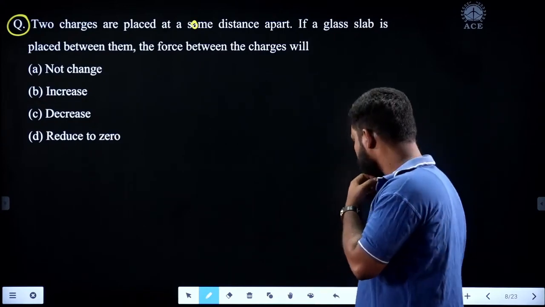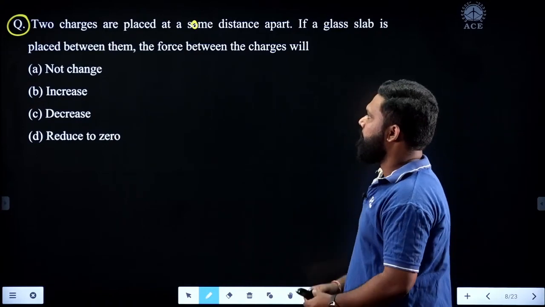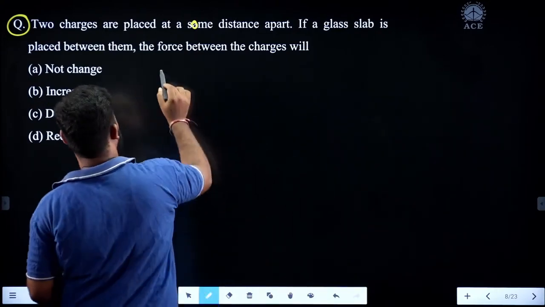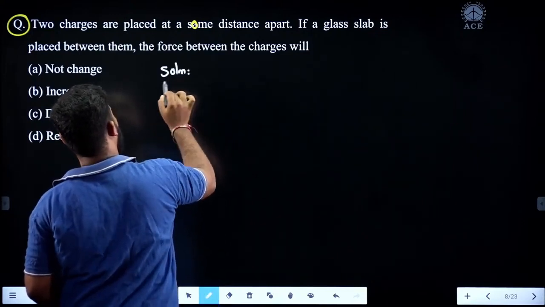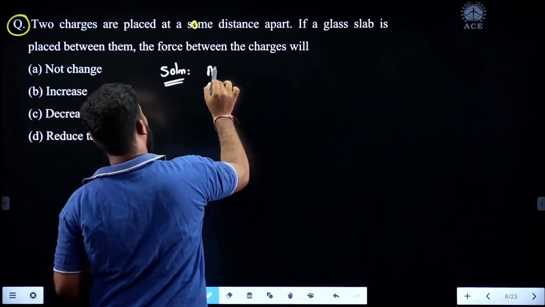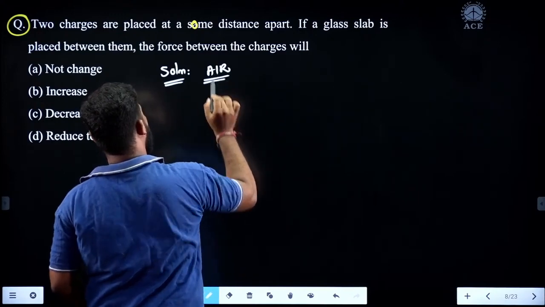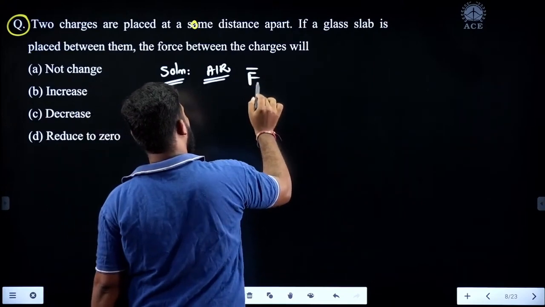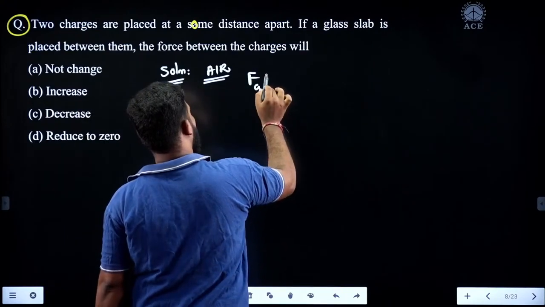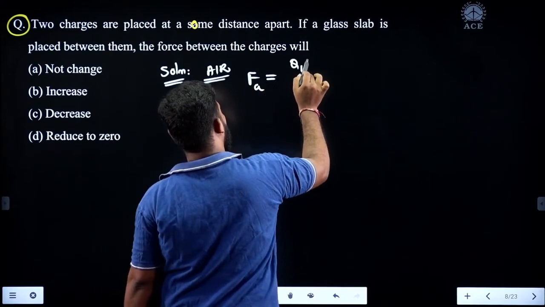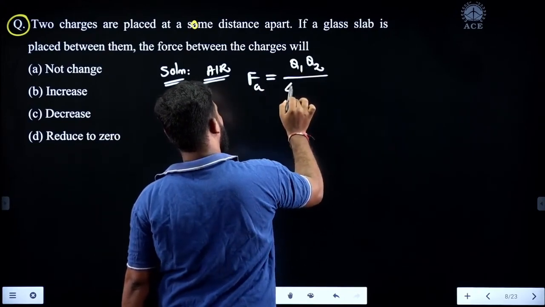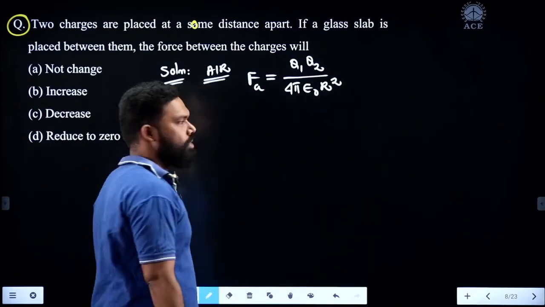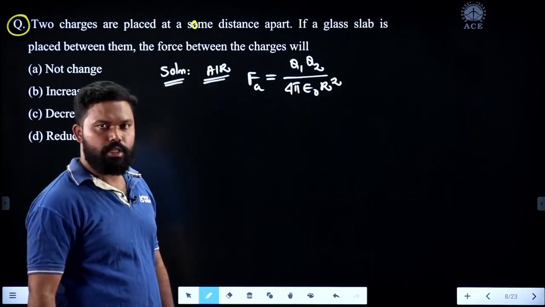Yes, what is the answer for this? Theory question, this kind of model has been noticed a number of times. Suppose initially there is air, nothing is mentioned, so I have to consider it as air. So I will call it FA. FA is equal to Q1 into Q2 divided by 4 pi epsilon naught into R square, if there is air between the two charges.